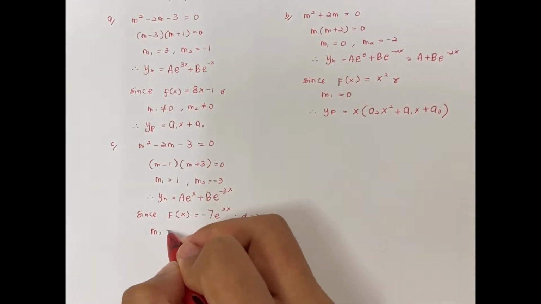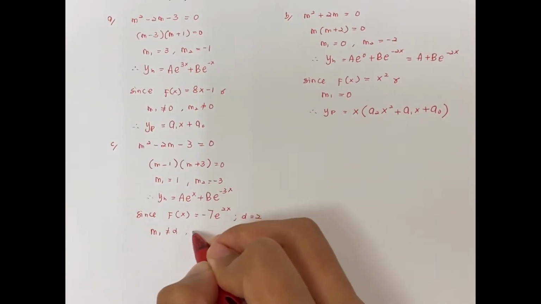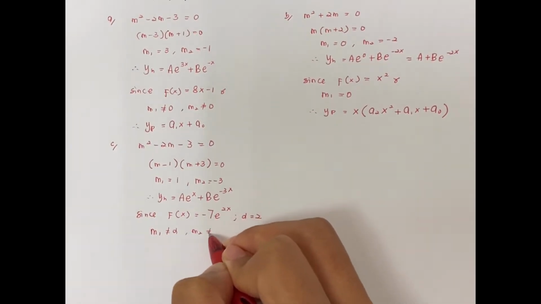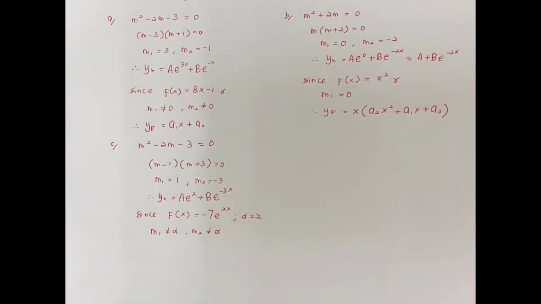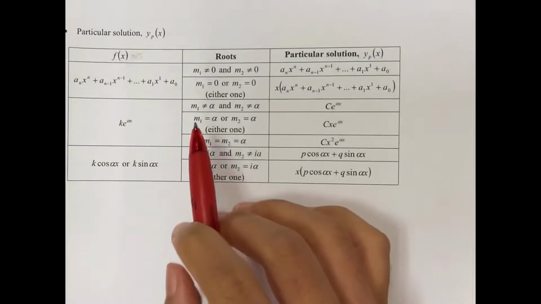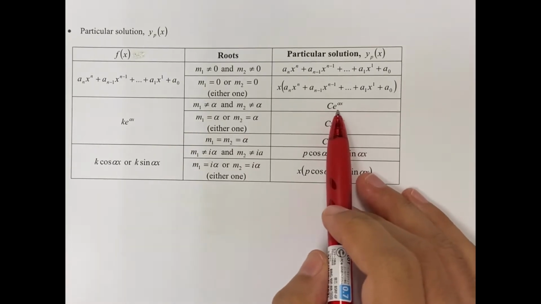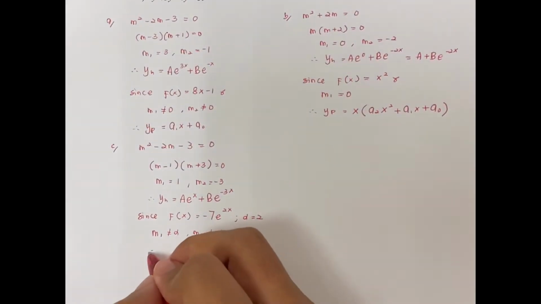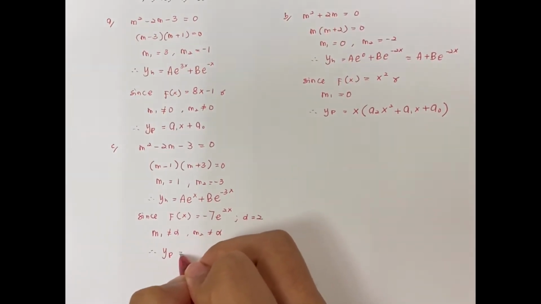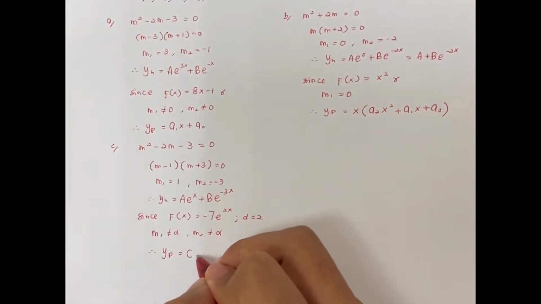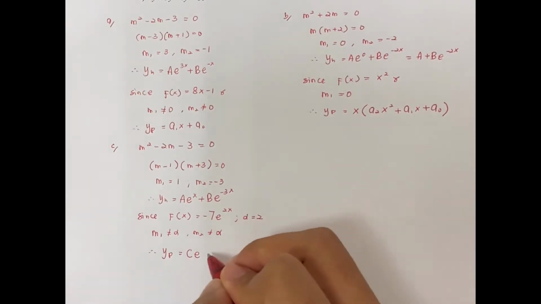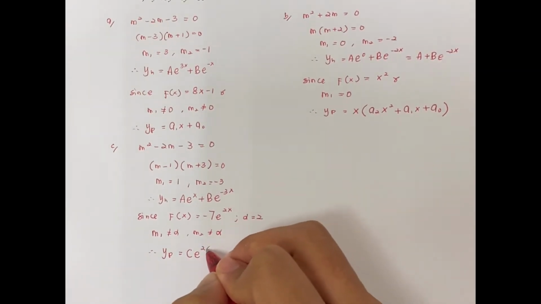So m1 is not equal to alpha, m2 is not equal to alpha as well. So if none of your m equal to alpha, this is your particular solution. So YP is equal to C exponent alpha, which is 2x.